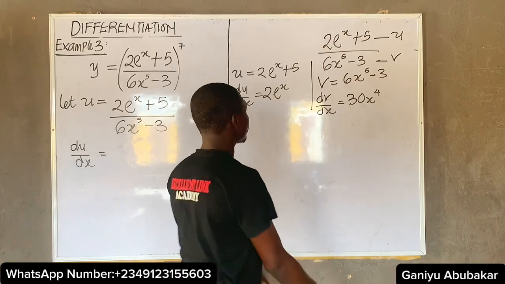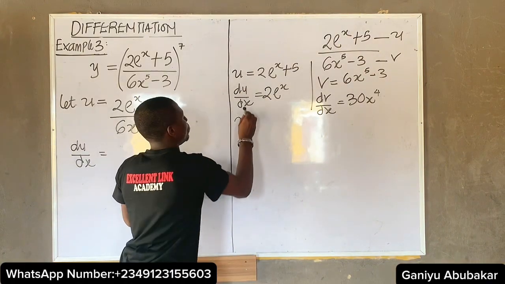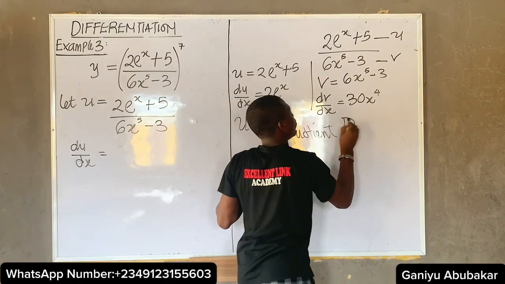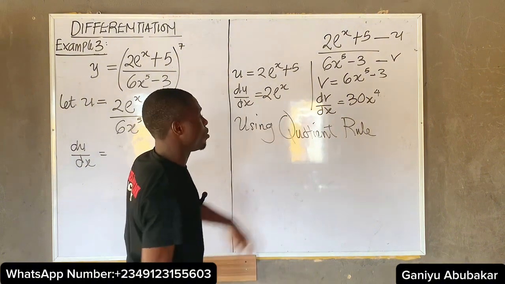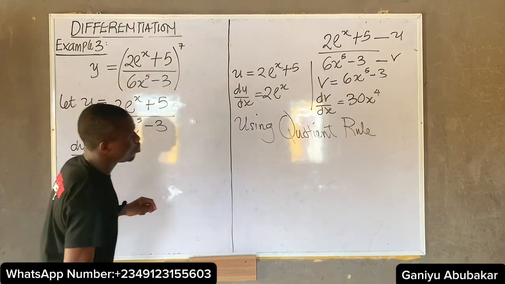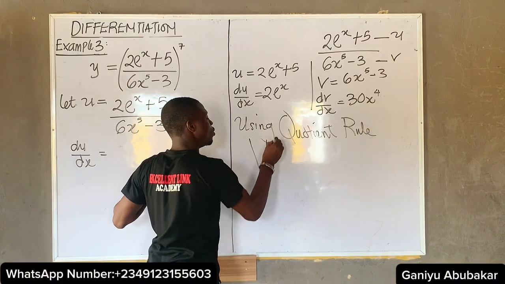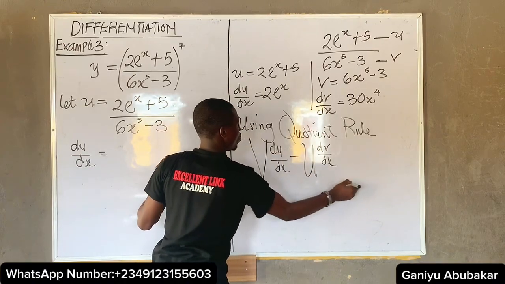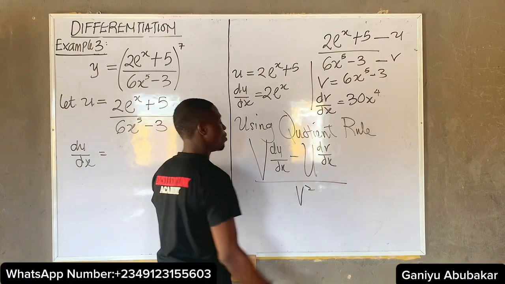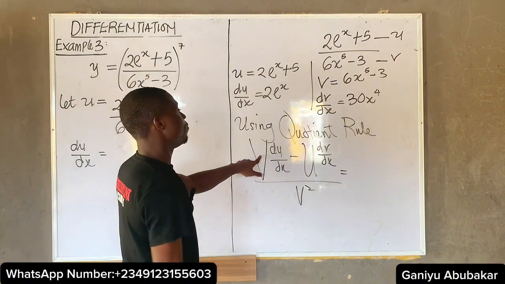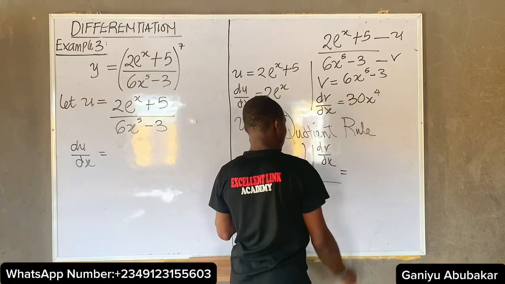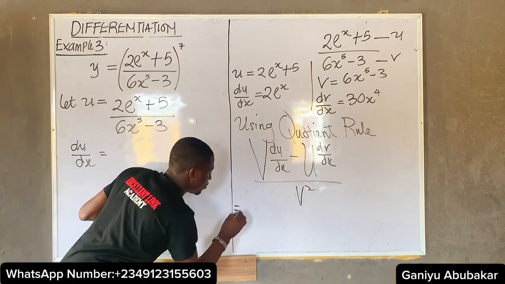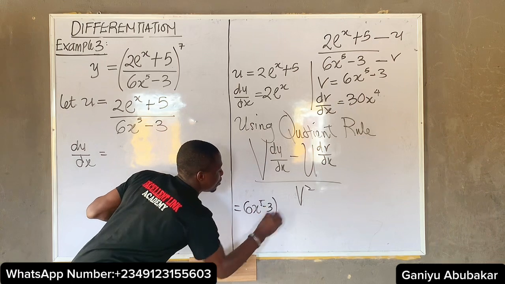So I have this. Now using quotient rule, I expect that you know this, right? I expect you know this. Using quotient rule, I'll have v du over dx minus u dv over dx, all over v squared. From here, what's v? V is this guy here. Let me put it down. This is now equal to v, which is 6x to the power 5 minus 3.